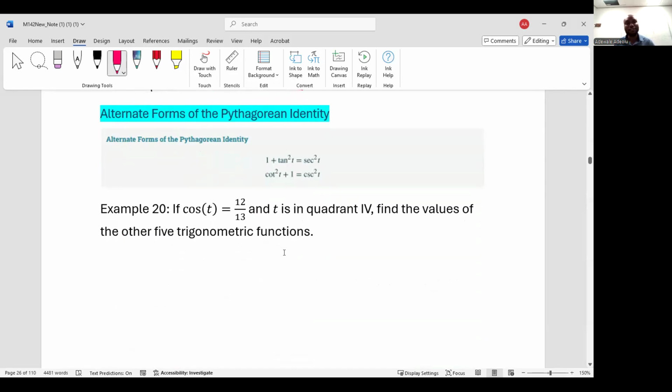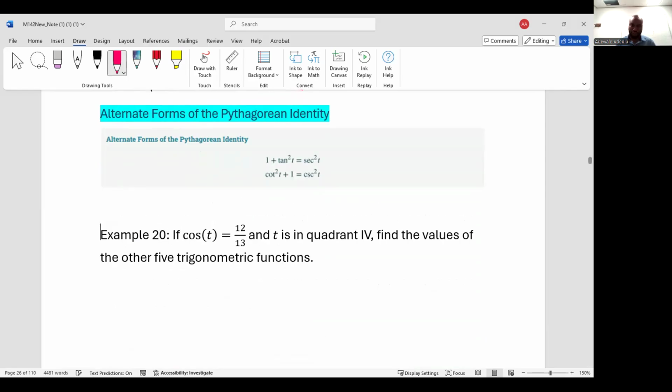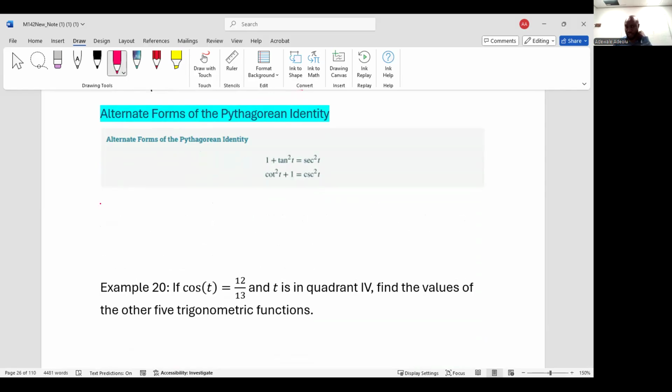Okay, let us look at alternate forms of Pythagorean identity. Let me remind you, when we started this class, we talked about the Pythagorean identity. I should take you real back. We have this angle t, and we call this x, we call this y, and this is our radius, which is 1 in this case for a unit circle.